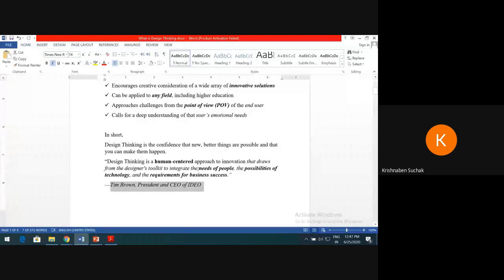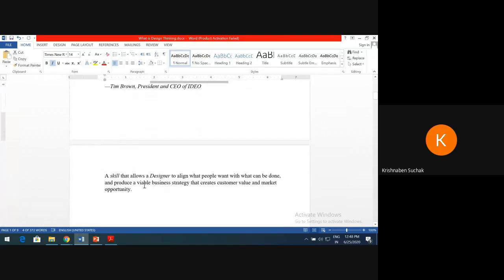Possibilities of technology means Paytm is using new upcoming technologies and new features every day. And requirements for business success: you know how successful Paytm is today, how Paytm is used. That is its business success.